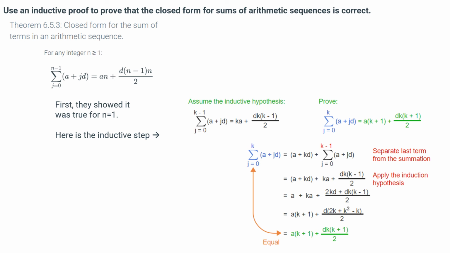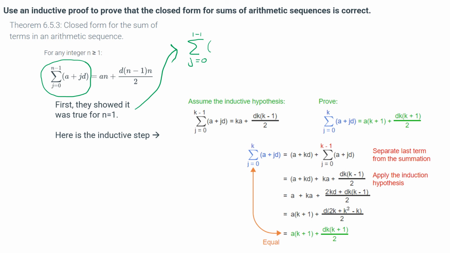I don't have it here, so let's go up here and say this is how we prove it for the base case. If we were to prove this is true for the base case, we want to prove it for n is equal to 1, right? So I'm going to start over here on the left and replace n with 1. So we have j equals 0 all the way up to n minus 1, which is 1 minus 1, which of course is 0 there.